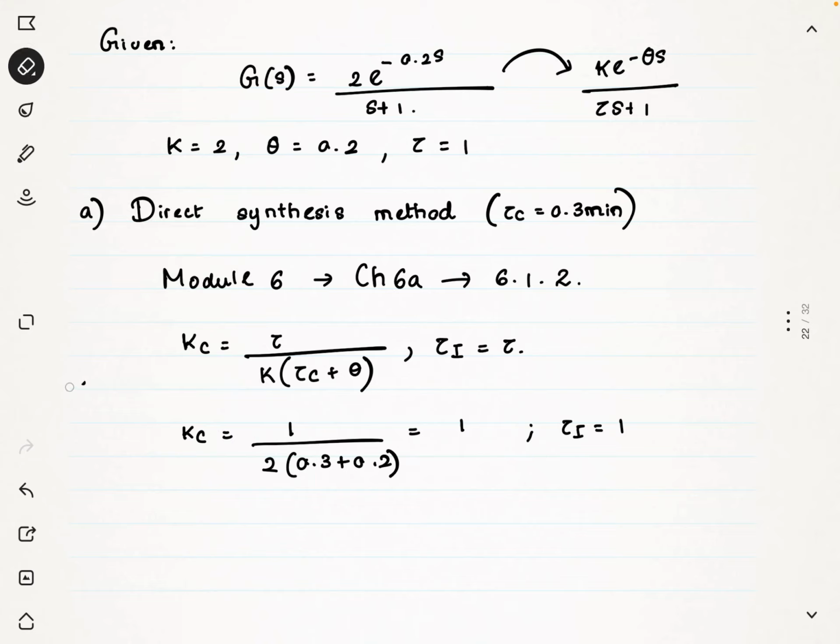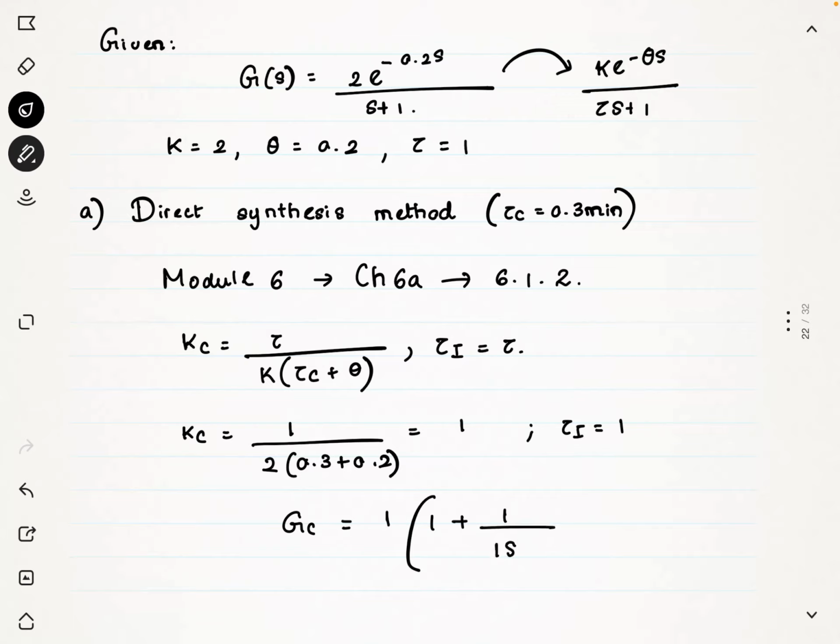So our PI transfer function will be Gc, and then we can write the open loop transfer function, and then we can compute the amplitude ratio and also the phase angles.